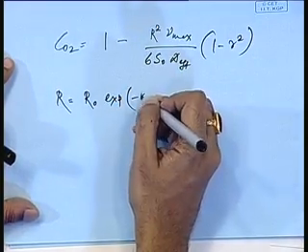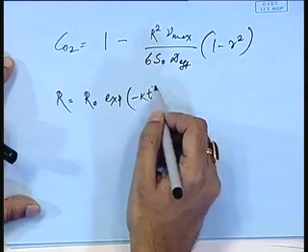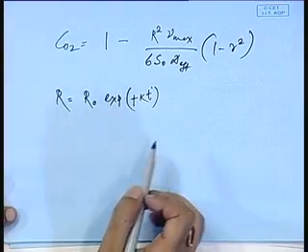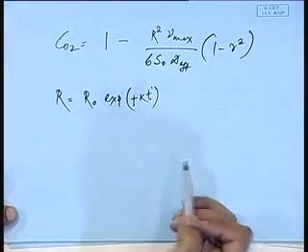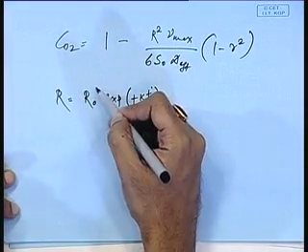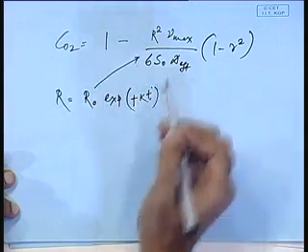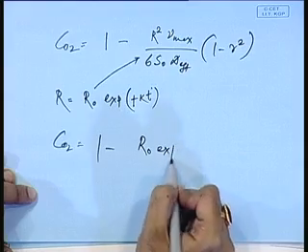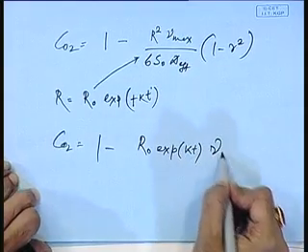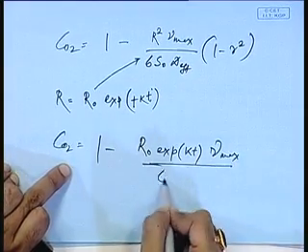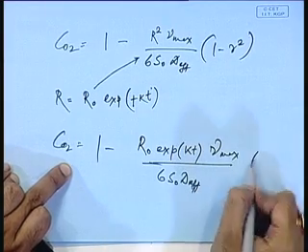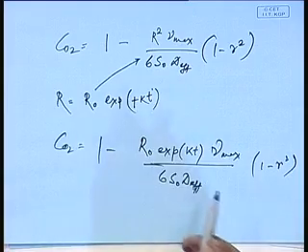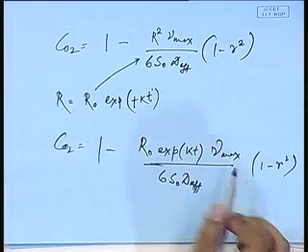It should be plus kt in this case if it's increasing with time. So this is your r at any point of time. You put that over here, and what you get is 1 minus r naught exponential kt. If it's not exponential kt, it's some linear dependence, and that will come in.